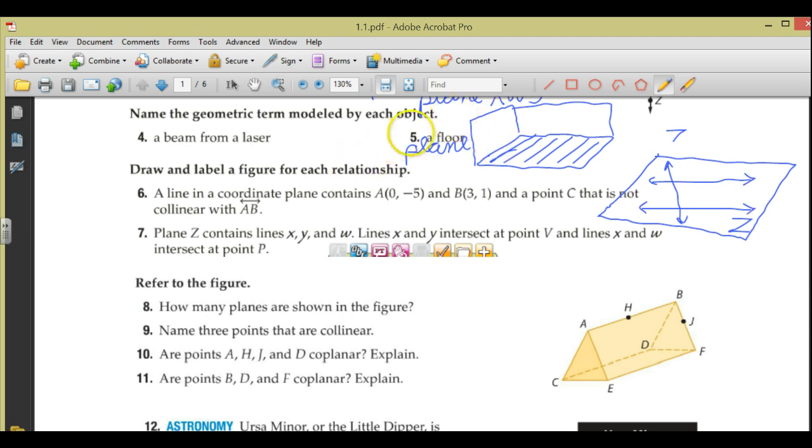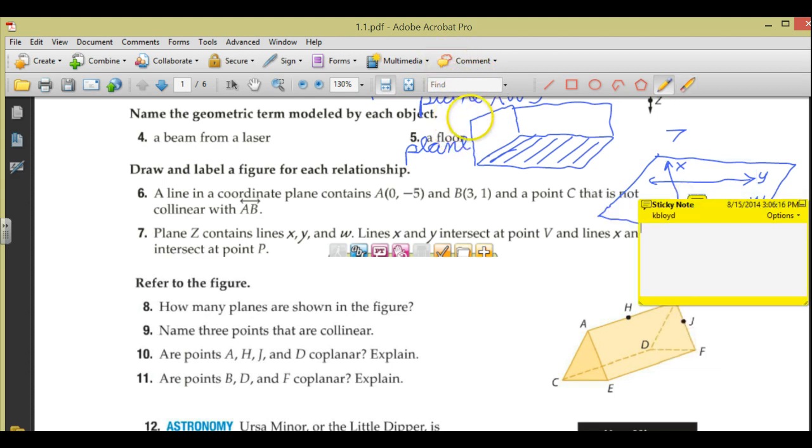So they both intersect X. So that would be our line X. And we could call one of these Y and the other one W. X and Y intersect at point V. And the other 2 lines, X and W, intersect at point P.